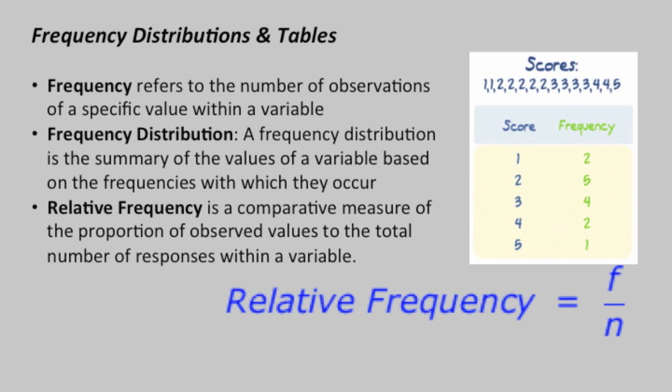That 14 you plug into the N, the total, and F is whichever frequency you want to check. Let's say we want the one for coding 1, score 1, which is frequency 2. You would divide 2 by 14, and that equals about 0.14, so roughly 14% for that one.